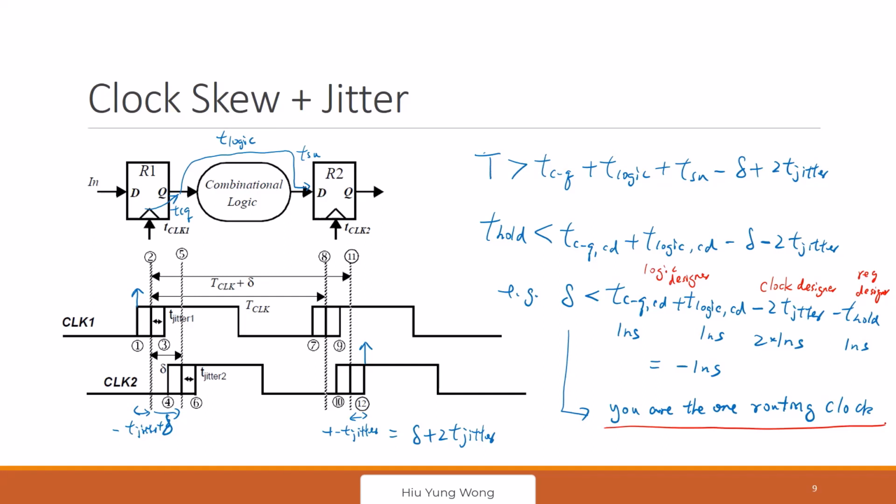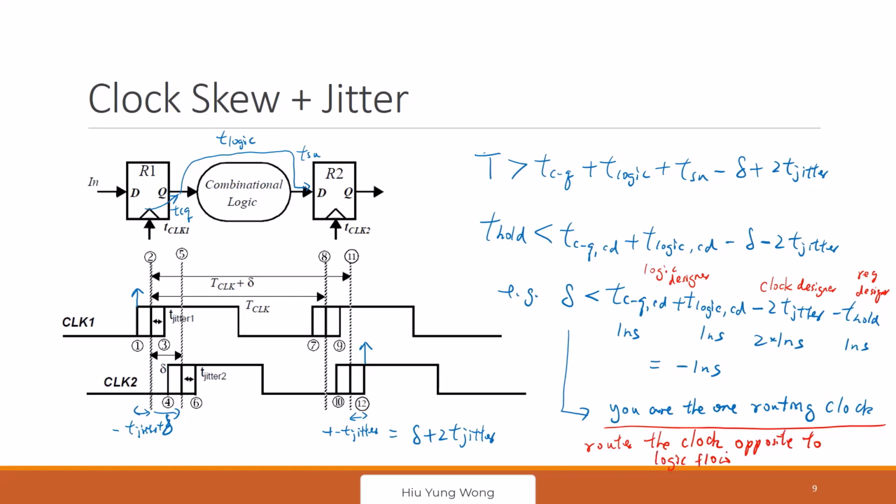Is it possible, first of all, can I have a negative skew? Okay, anyway, so this is not possible if you're routing it this way, but you can have a negative skew by routing the clock opposite to the logic flow.